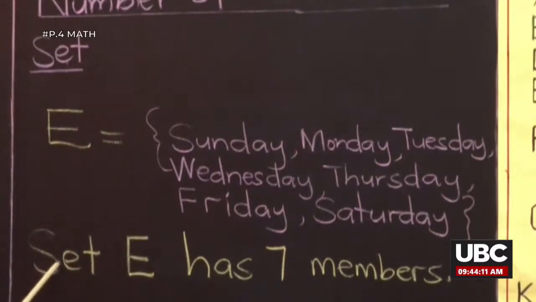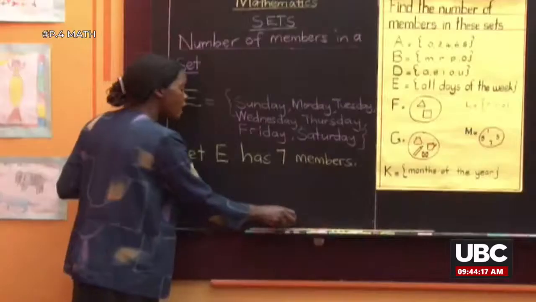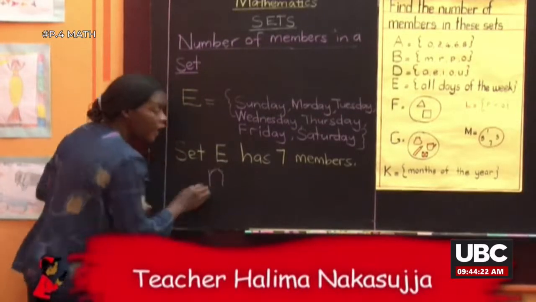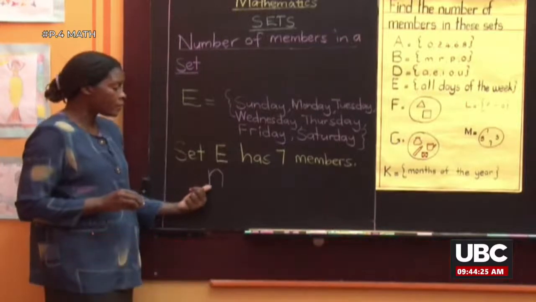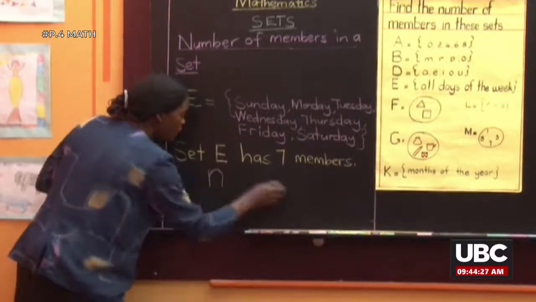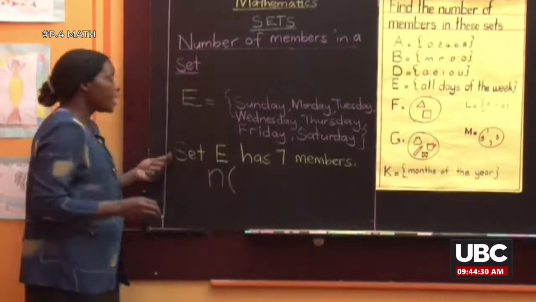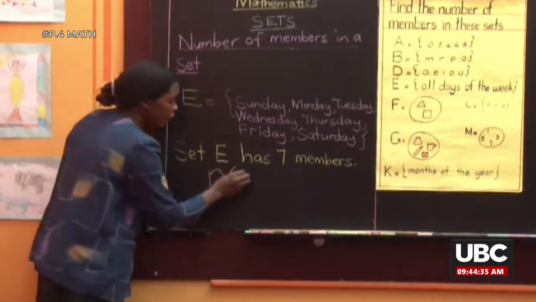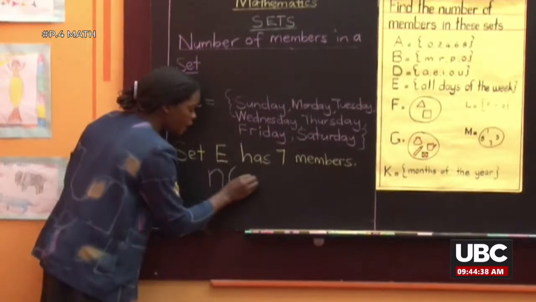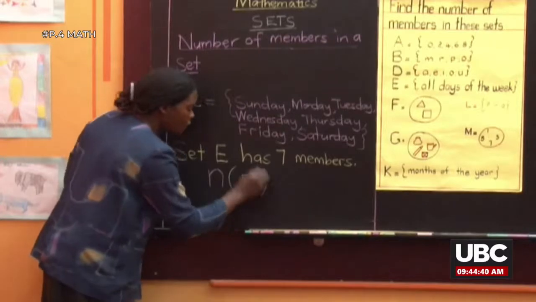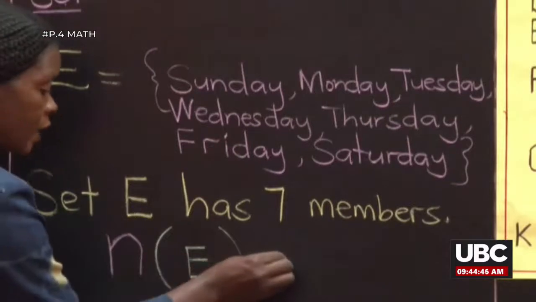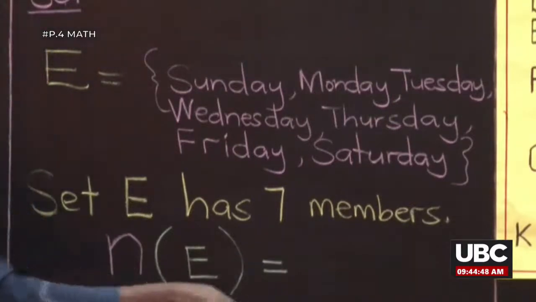Remember we said there is another way of writing this sentence. Instead of saying set E has 7 members, we shall just have our letter n, standing for number. Put this bracket, name the set we were talking about, in this case set E, then close it with this bracket and put an equal sign.